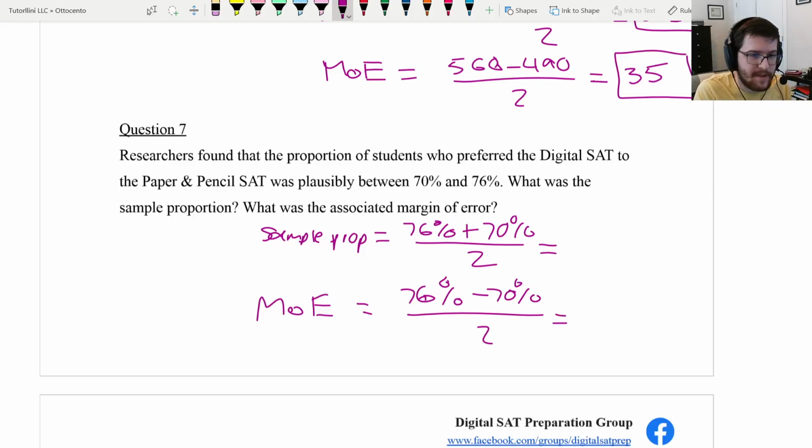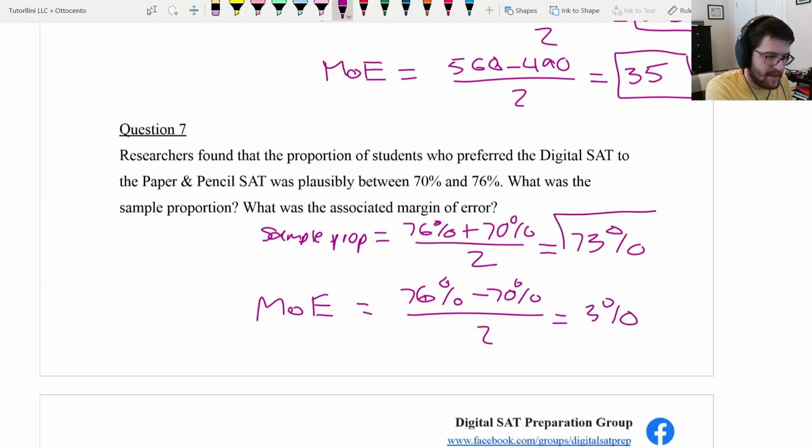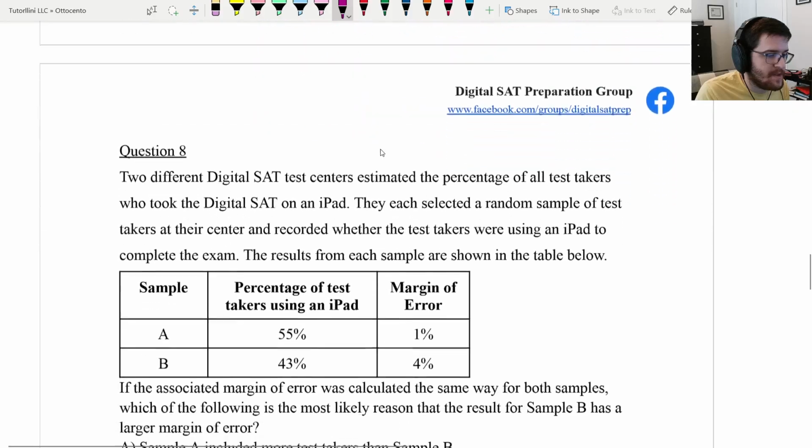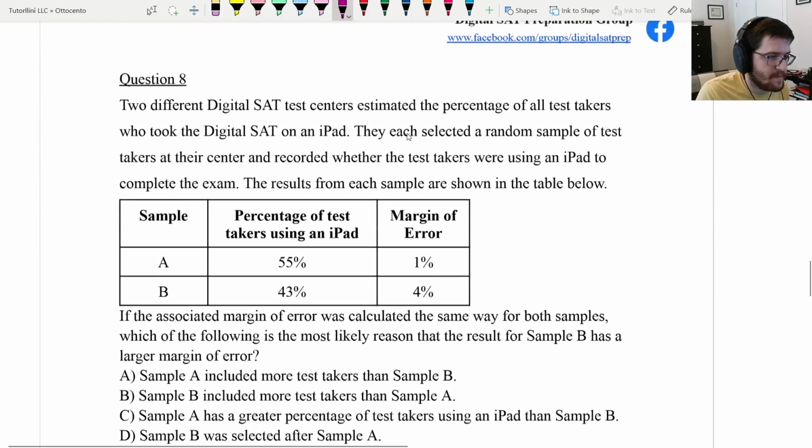And let's see, 76 plus 70 divided by 2, that's just 73%. And 76 minus 70, that's just 3%. And again, just do a quick check. 73 minus 3 gives you 70. And then 73 plus 3 gives you 76. So we did a good job. Great. Let's keep going. Almost done.